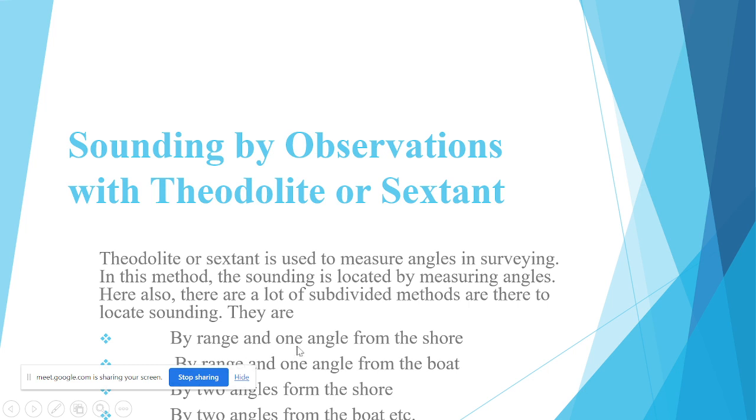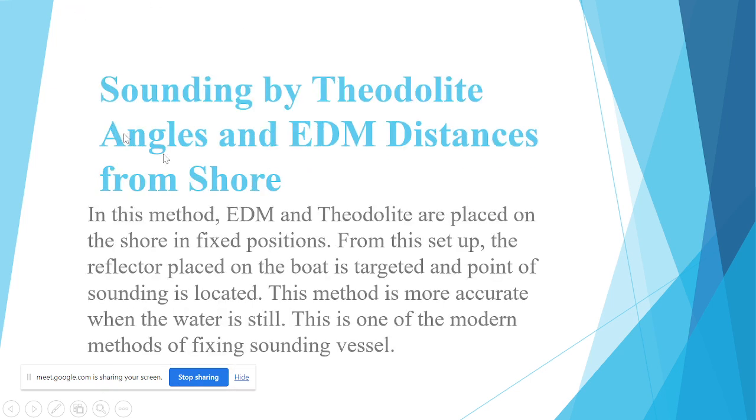That is, by range and one angle from the shore, by range and one angle from the boat, by two angles from the shore, and then by two angles from the boat, and many others. During your free time, you can look at that also, so that you get more information.